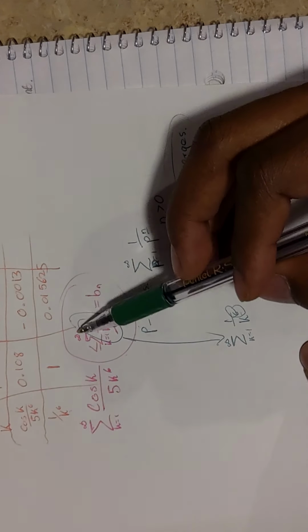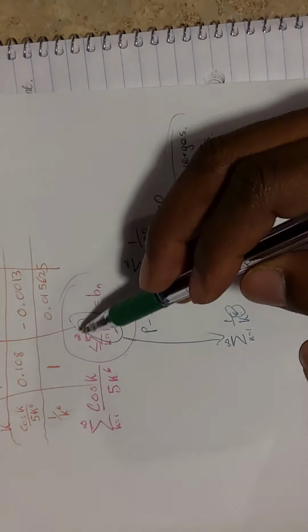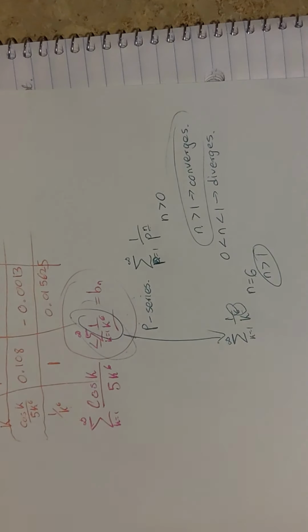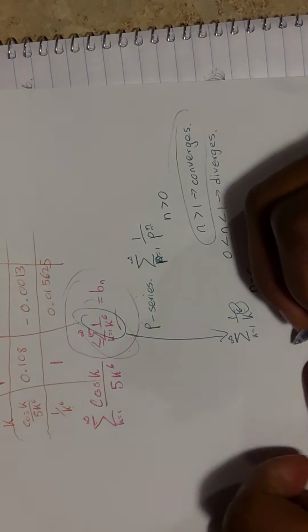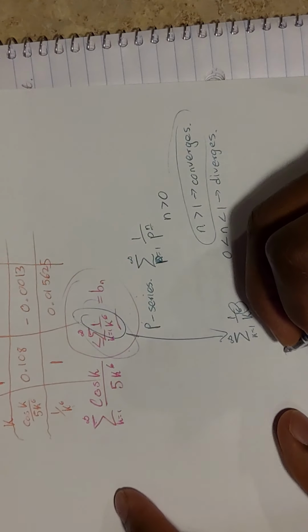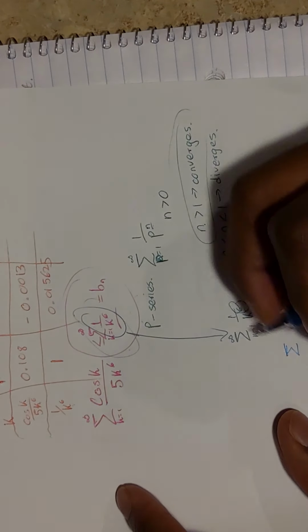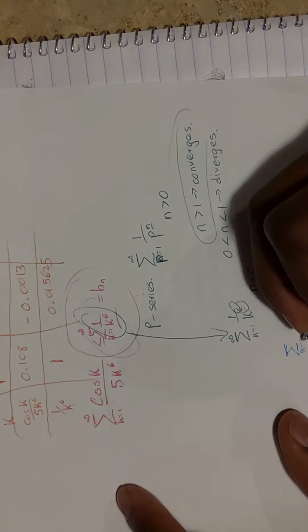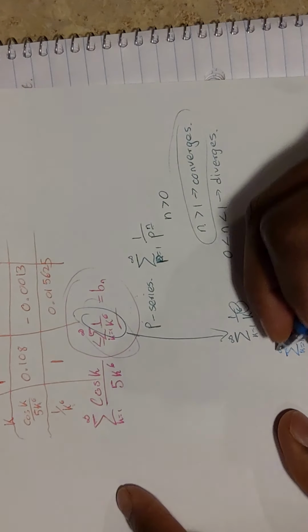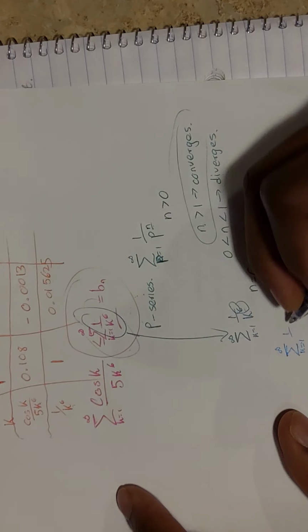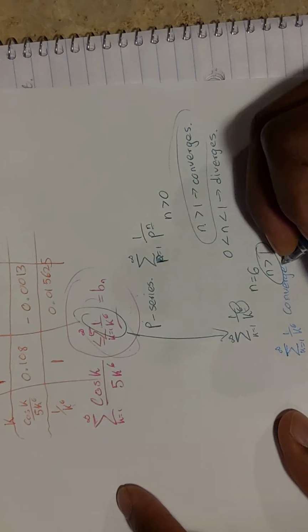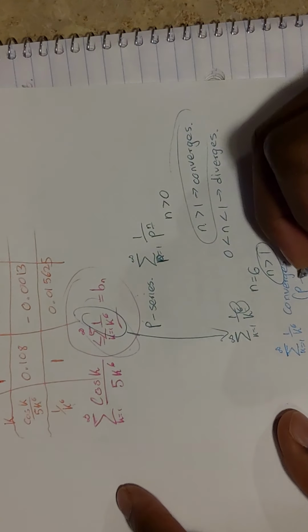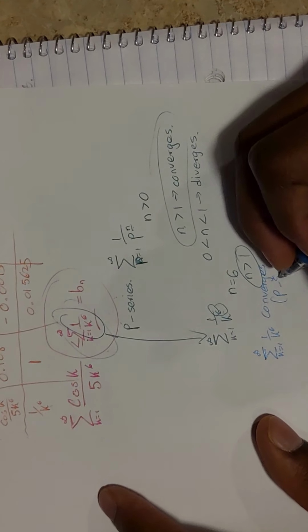So one of our friends over here converges. Therefore, I'm going to write that down: the sum from k equals 1 to infinity of 1 over k to the 6th converges by the p-series.